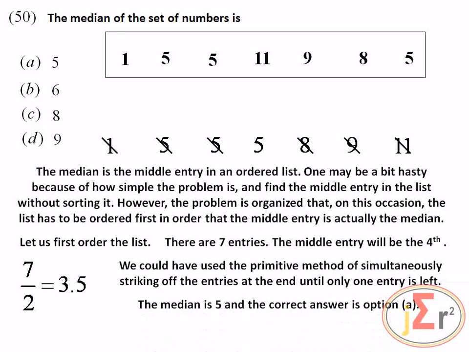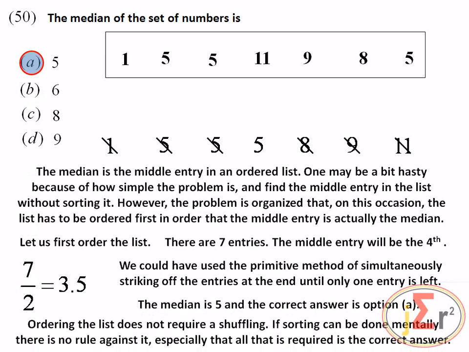The median is 5, and the correct answer is option A. Ordering the list does not require a shuffling. If sorting can be done mentally, there is no rule against it, especially since all that is required is the correct answer.